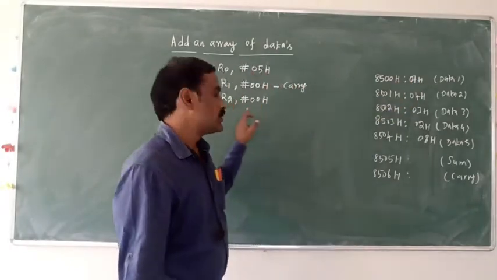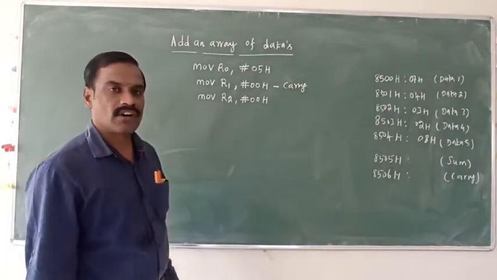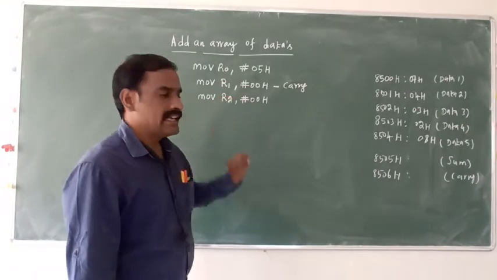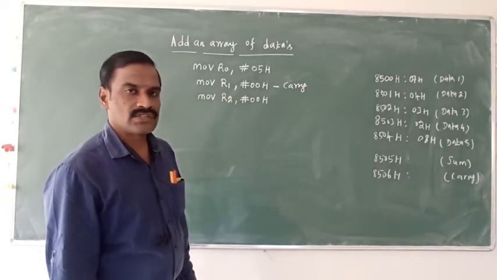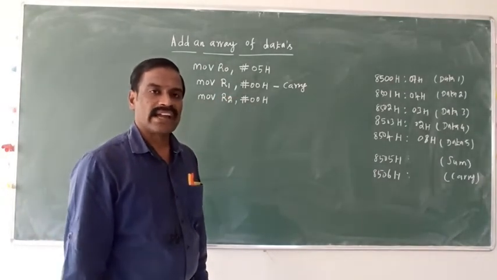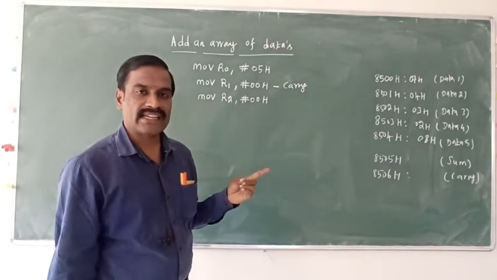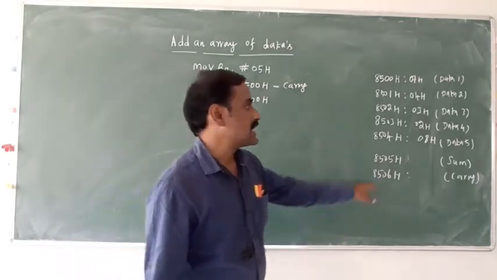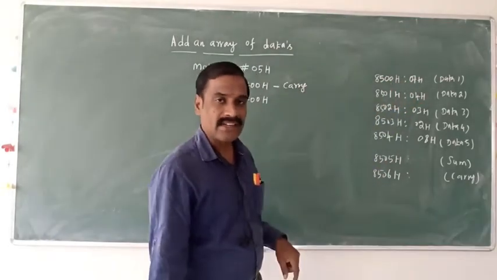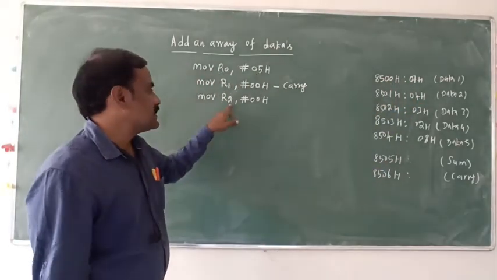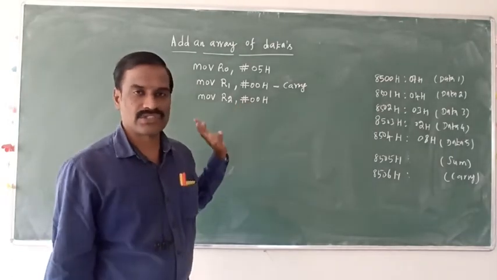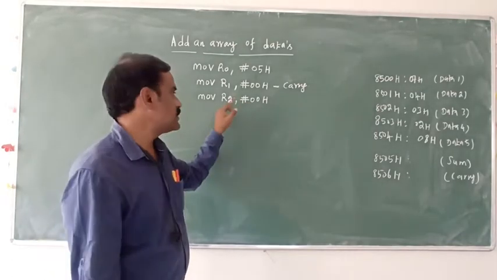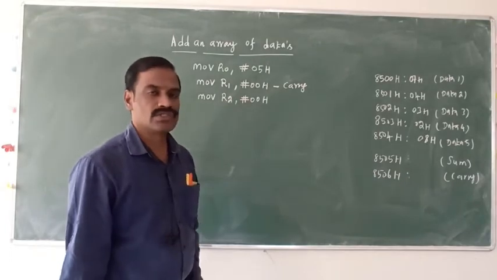For that we clear the R2 register. What purpose? In addition, we have to add the accumulated data with some other register data. Data 1 is available in the accumulator and is added with the register data, initially 00. For that we clear register R2 to 00.